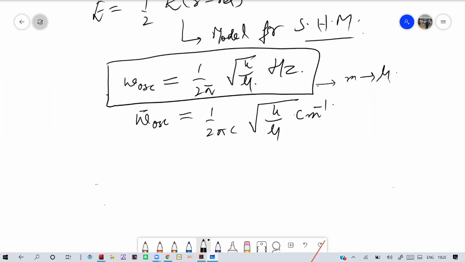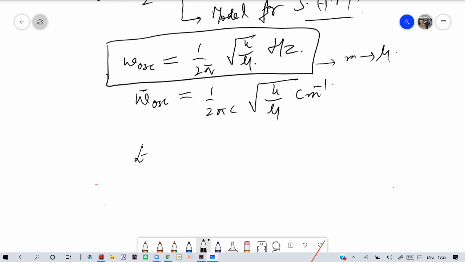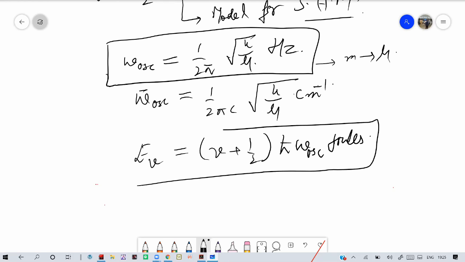And again, the vibrational energy EV for a simple harmonic oscillator, what is it? This has been done. You all know it. For a simple harmonic oscillator, we are considering the harmonic vibrations. We are not going to anharmonic.